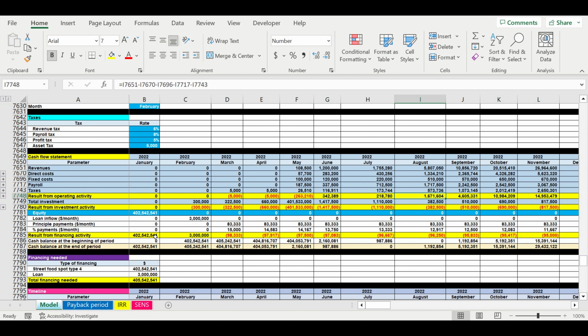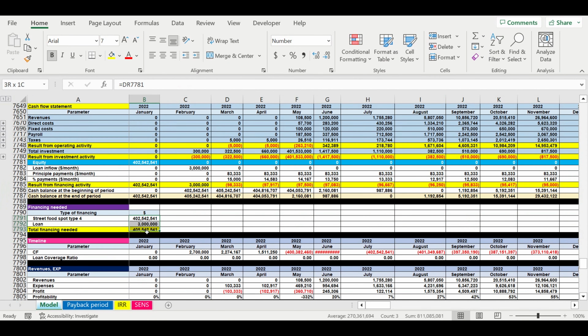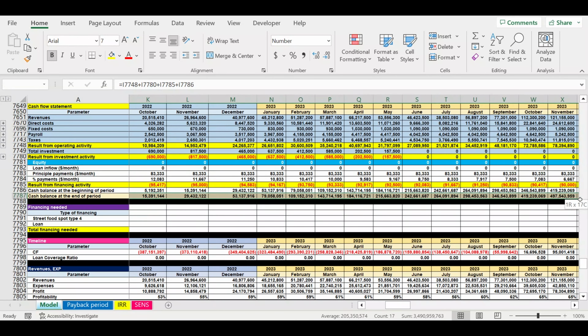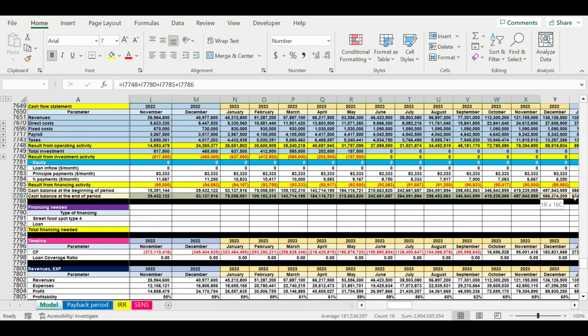Here we can see the amount of financing needed for the business, and here the cash balance at the end of the period. We can see when the project uses our cash, and then when the project starts generating its own cash. So we can look at the cash flow statement and see the breadth of your business idea.